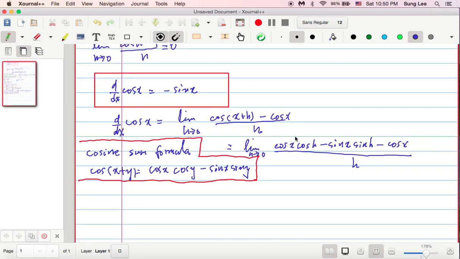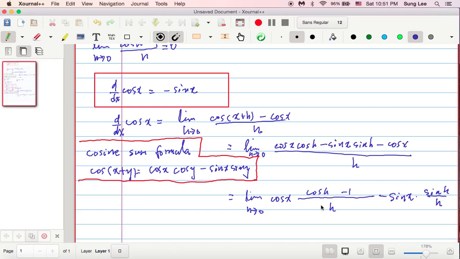So the first term and the last term have a cosine x in common. So I'm going to factor out cosine of x, and what remains is cosine h minus 1 over h, minus sine x times sine h over h.